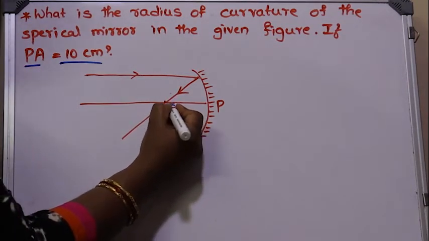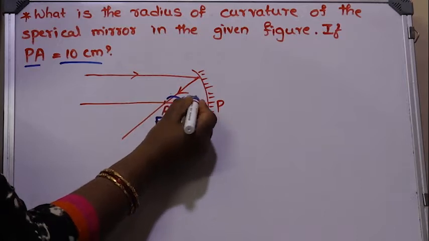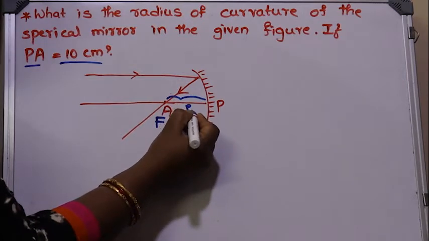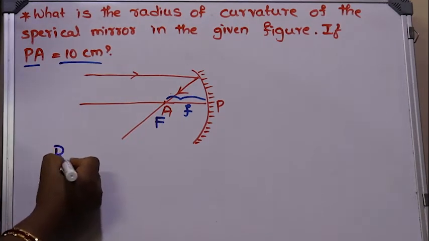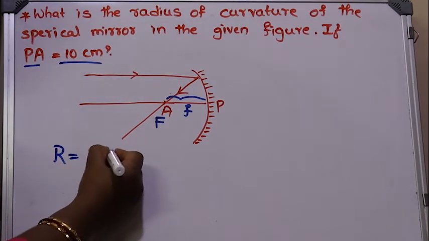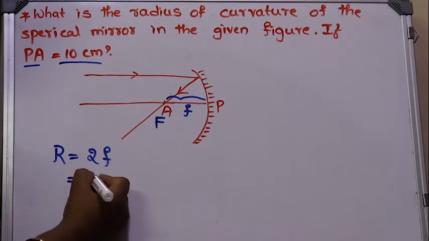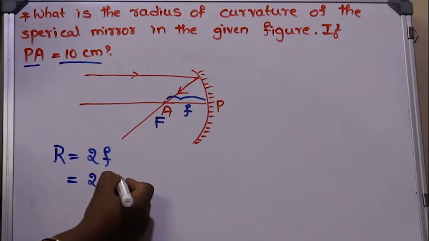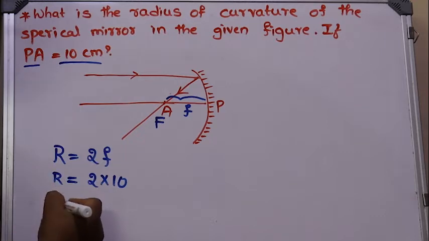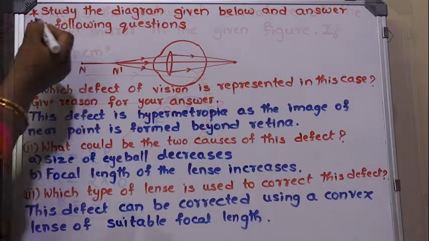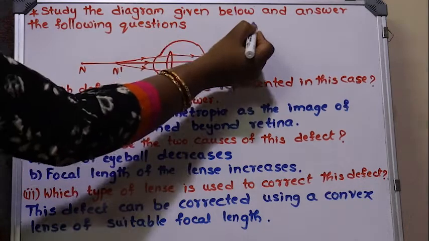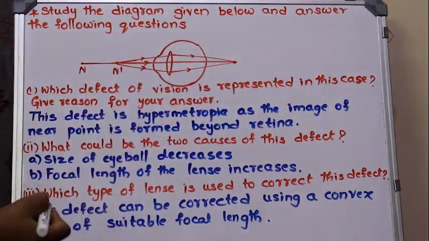And the distance from F to P is the focal length f. As we know that the radius of curvature is 2 times f, therefore the answer becomes 2 into 10, R is equal to 20 centimeter.